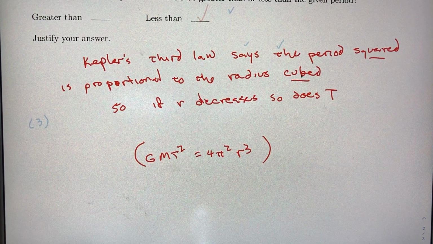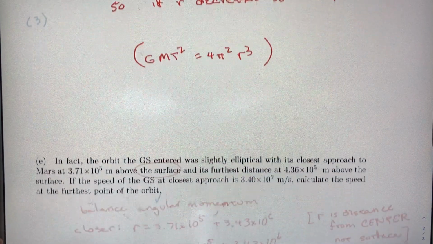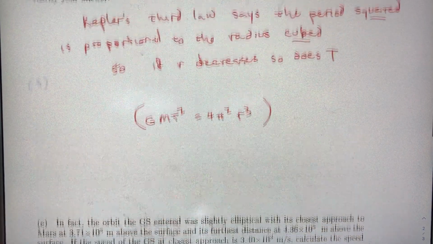If the radius decreases, so does T, so less radius, less period. Okay.